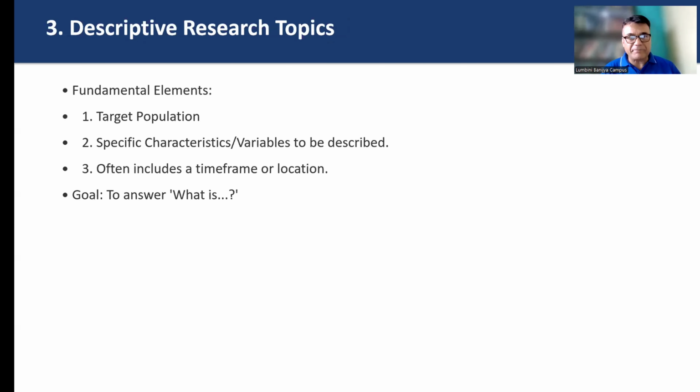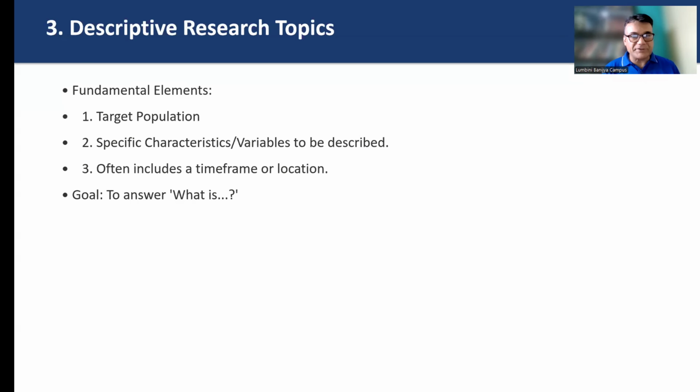Now, moving on from the very simple descriptive type of research topic, we have to be very careful whenever we are constructing it. First, what is your target population? Second, the specific characteristics or variables to be described. Third, it often includes a time frame or location.